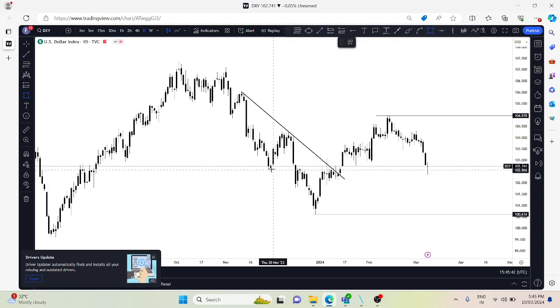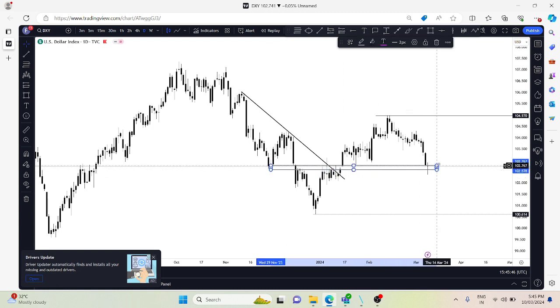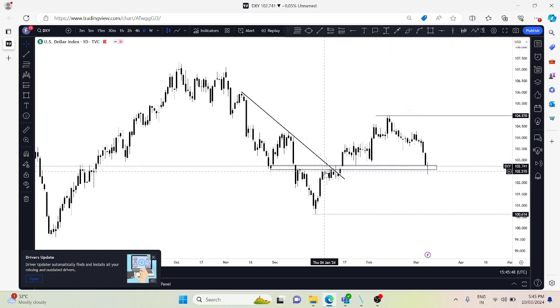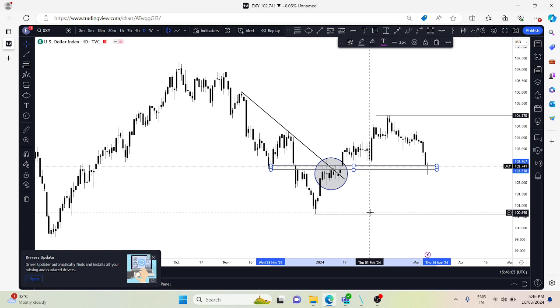And for more confirmation, if you can check, here we had price rejecting 1 2 3 4 5 6 7 8 9, meaning around 9 days there. We had price respecting this zone around there, which was our previous resistance, now acting as support.